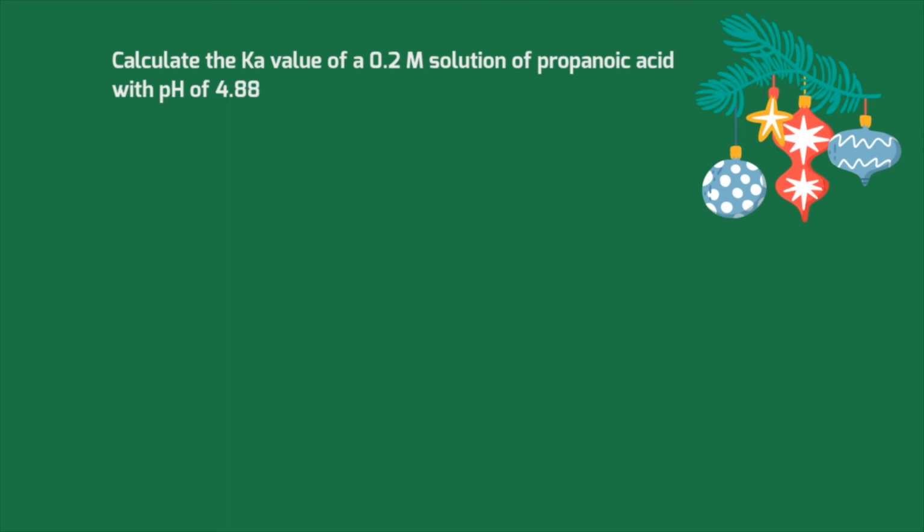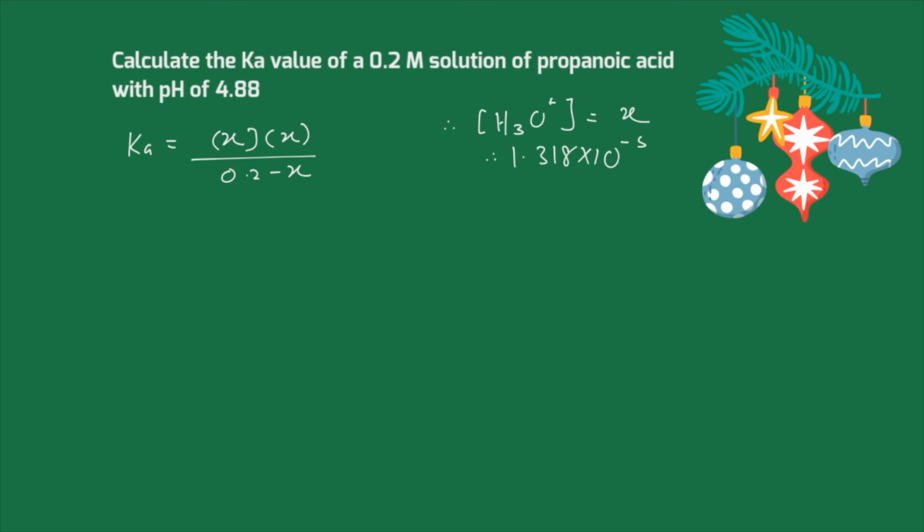So from your ICE diagram, you can know that your Ka is equivalent to X times X divided by 0.2 minus X, whereby from the calculation you know that your concentration of H3O+ is equivalent to your X. So the value of H3O+ just now is 1.318 times 10 to the power of negative 5.